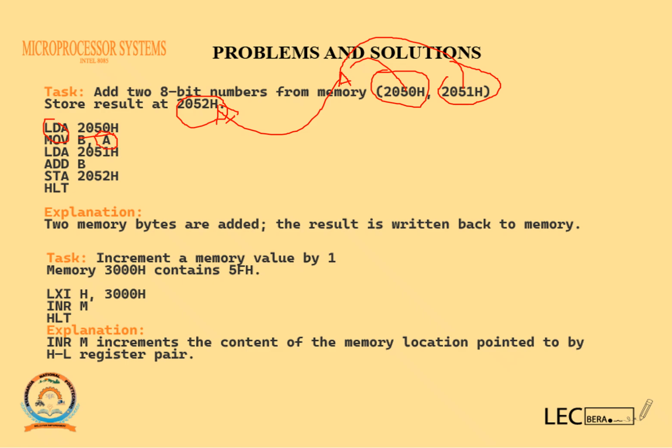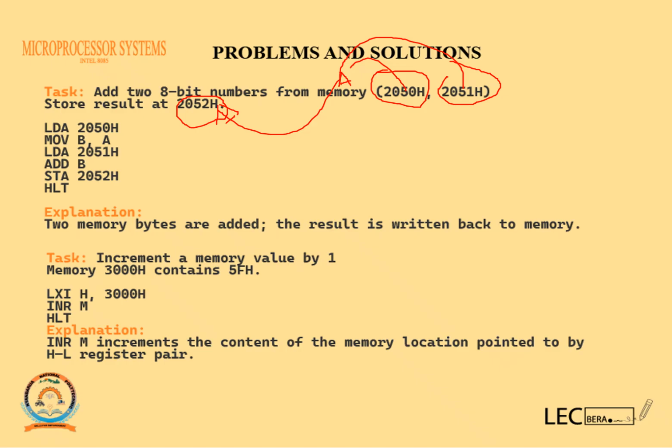So we LDA, load the accumulator with what is inside memory location 2050H, and move what is inside the accumulator to register B. Why are we executing this instruction? Because we need our accumulator to be free to receive what? The next data. Remember, our next data is going to be transferred from another memory location.